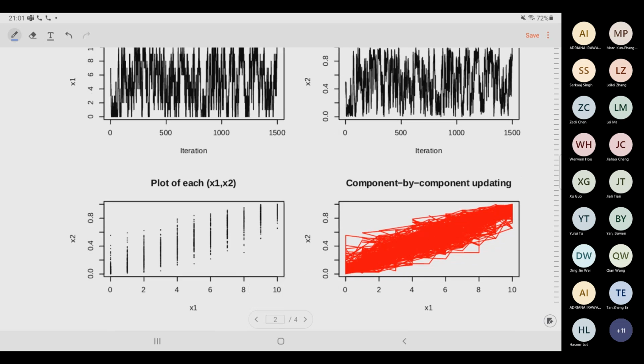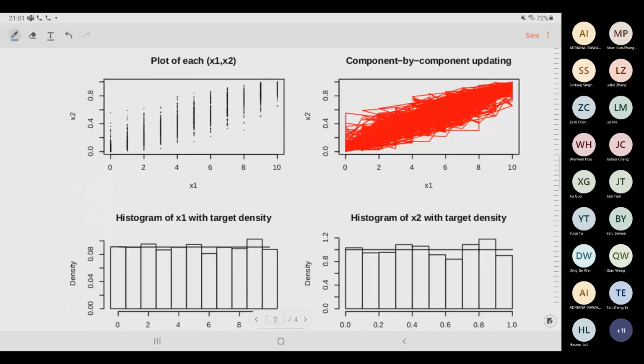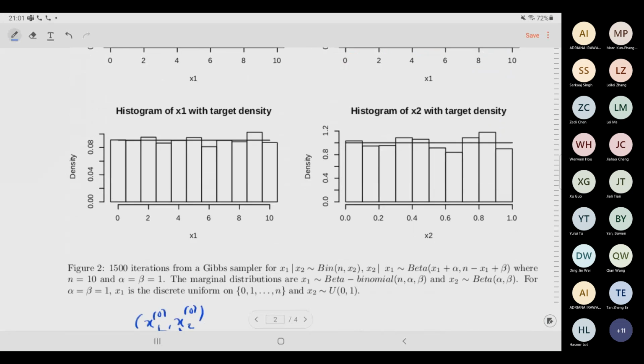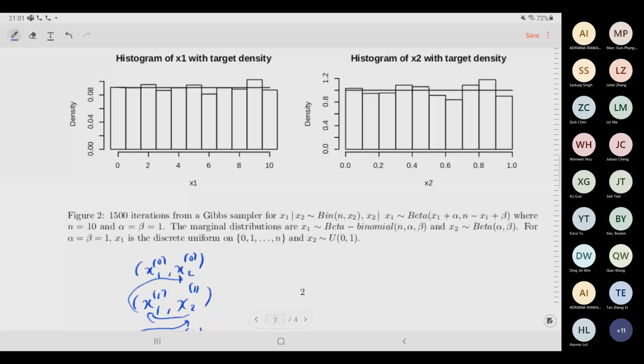Okay, right? And if you were to look at the marginal, it should supposedly be a straight line, uniform 0, 1. Okay, the marginal, right? And after 1,500, then it is sort of uniform.